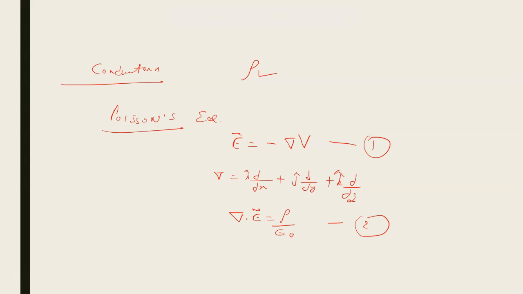Now if we put the value of E from equation number 1 in equation number 2, it becomes del dot minus del V equals rho by epsilon naught, or del dot del V equals minus rho by epsilon naught. This is equation number 3.